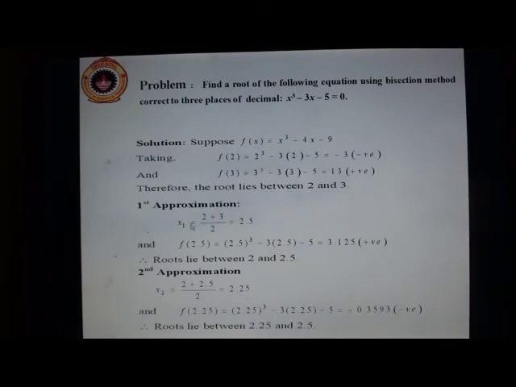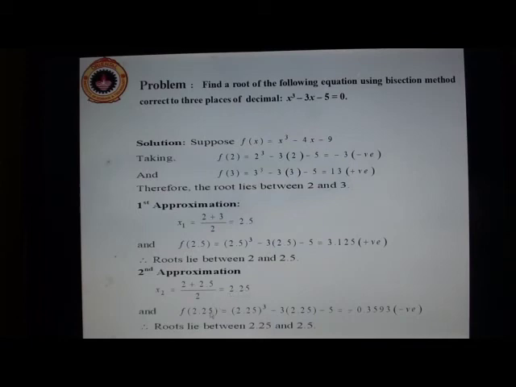In the first approximation, by the bisection formula, x1 = (2 + 3)/2, that is 2.5. The value of f(2.5) is positive, while f(2) gives a negative value. Therefore, the root lies between 2 and 2.5. Now for the second approximation, x2 = (2 + 2.5)/2, which gives 2.25.